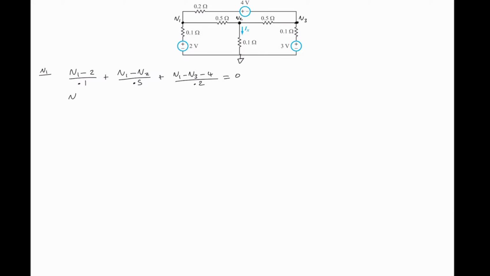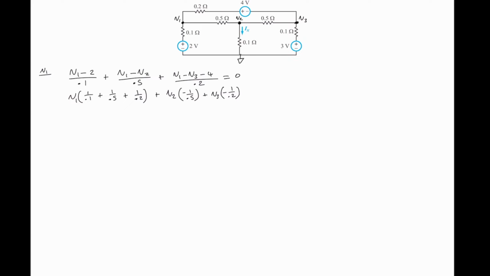Simplification leads to V1 times (1 over 0.1 plus 1 over 0.5 plus 1 over 0.2), plus V2 times negative 1 over 0.5, plus V3 times negative 1 over 0.2.